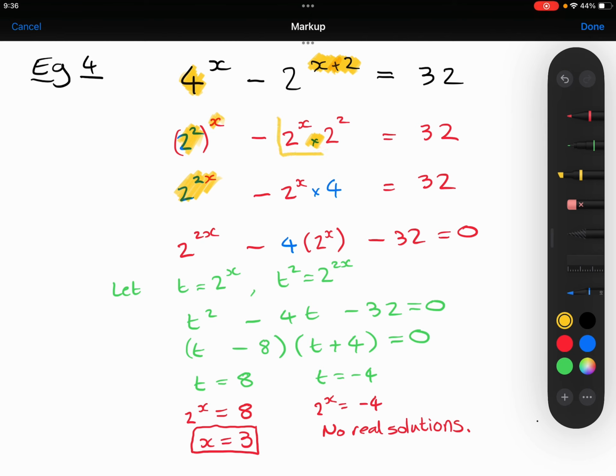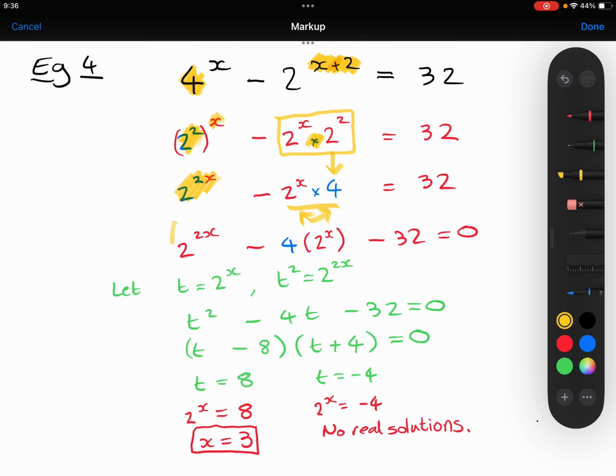I know that 2 to the power x times 2 to the power 2 is the same thing as 2 to the power of x plus 2. And writing it like that's useful because 2 squared is just 4. So I've actually just got 4 lots of 2 to the power x, which I could swap round and put the 4 at the front.